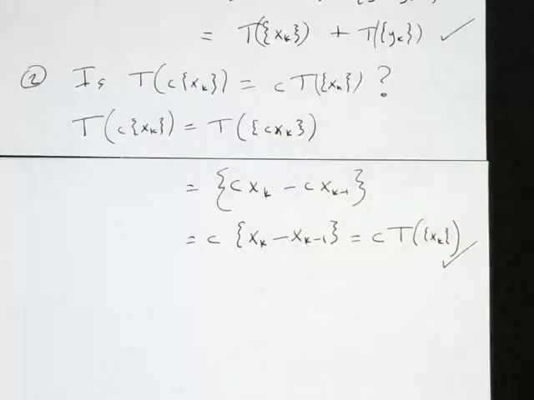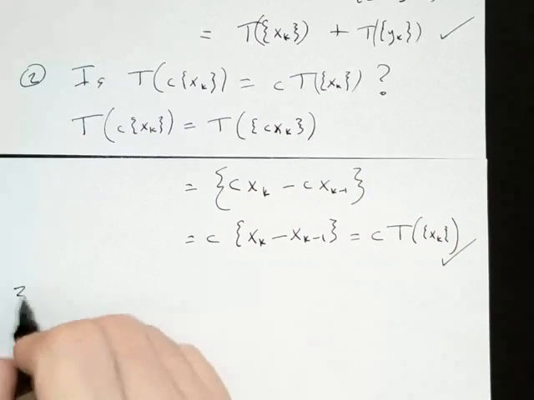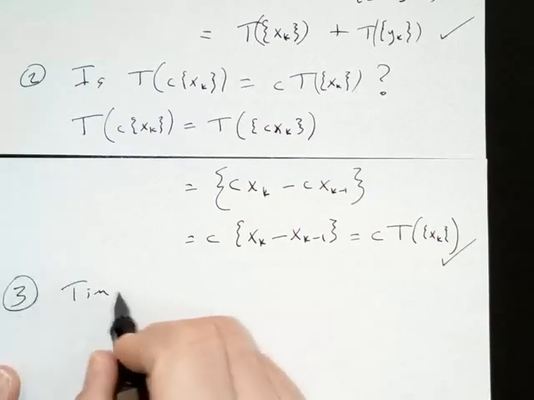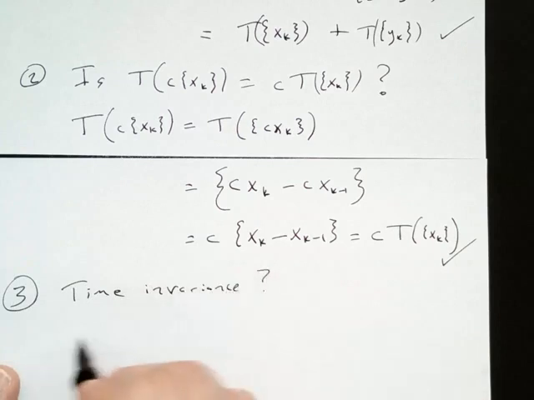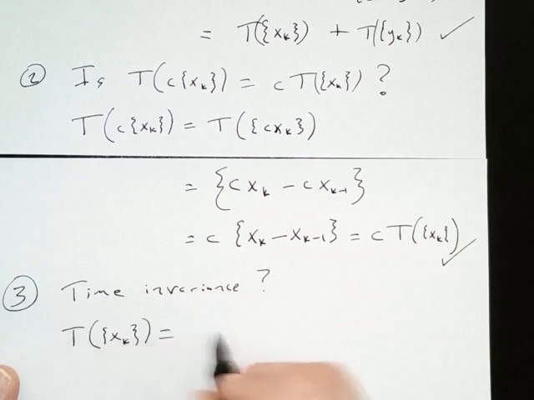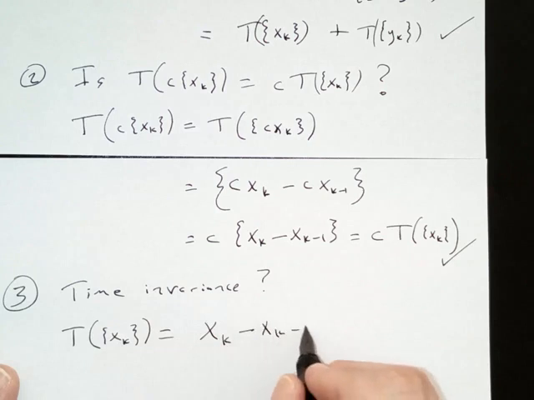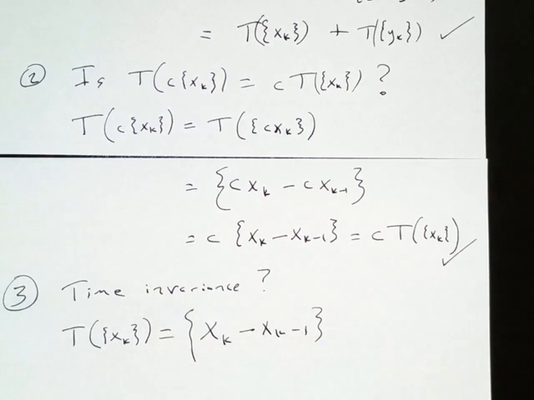Showing the time invariance means comparing the output and the input down the road. So that's what our transformation does. It takes each number and subtracts the one that came before it.